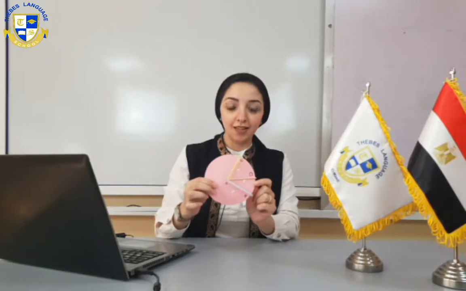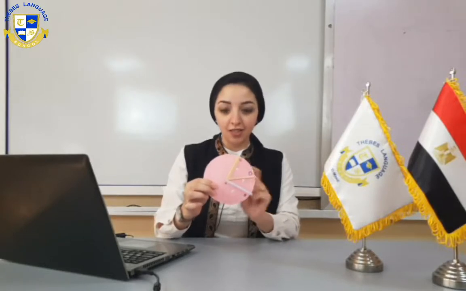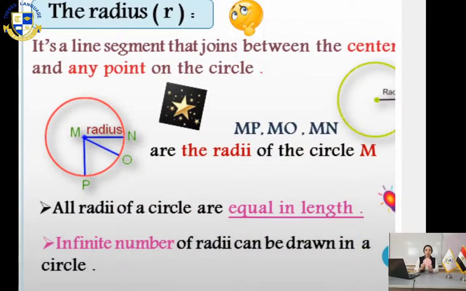AC is called a radius of a circle, and we have here AD is a radius of a circle, and AB is a radius of a circle. We can draw infinite radii of a circle, okay?